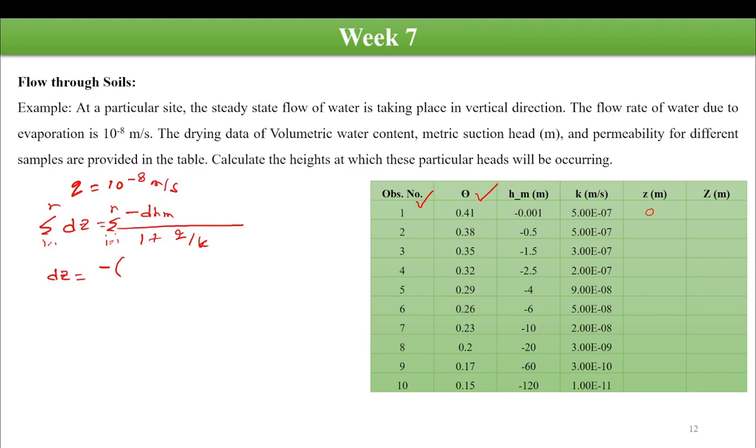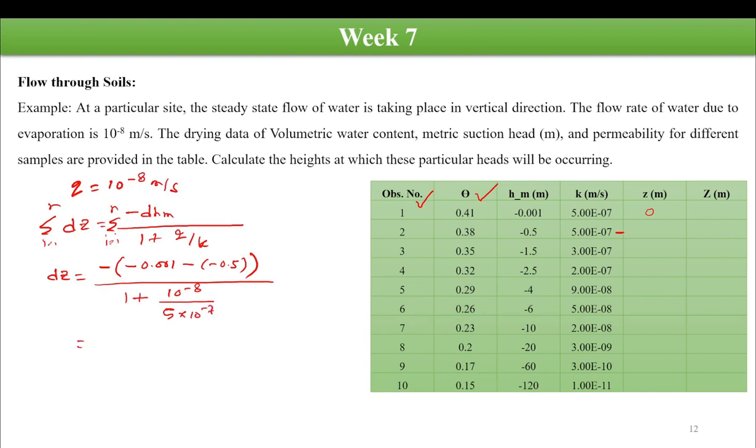Let's say minus, and the change in head is h2 minus h1. So minus of minus 0.001 minus minus 0.5, right, upon 1 plus the value of q, which is given as 10 to the power minus 8, and the value of k provided here is 5 into 10 to the power minus 7.